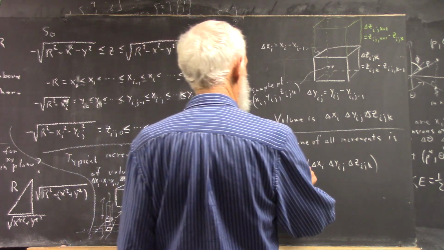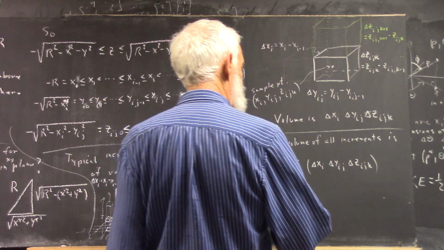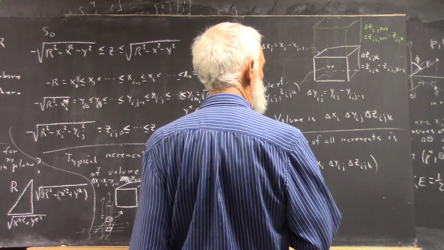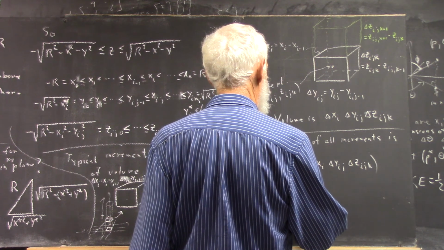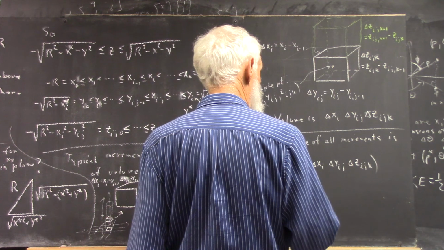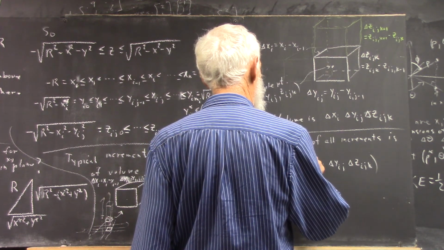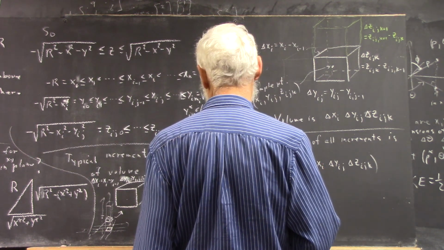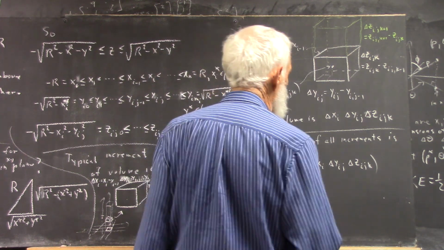So you could start by summing from k equals 1 to p_ij. That should be it. Yeah, p_ij, right?